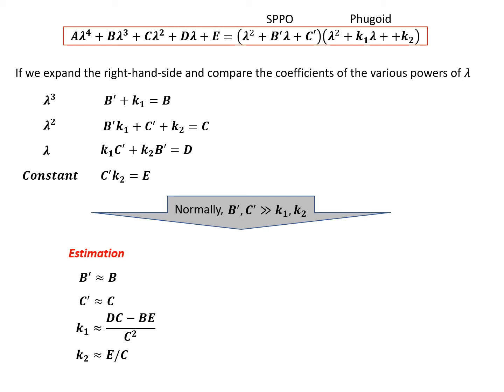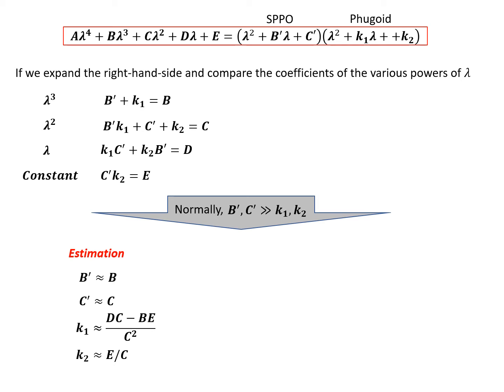So first of all, if we look at the first equation, B prime plus K1 equals B, and we know B prime is far larger than K1, so B prime is roughly B. The same for the next equation: C prime is roughly C, because K2 is far smaller than B prime, C prime.